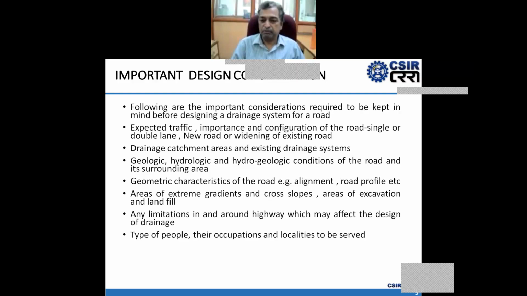We should also consider geological, hydrological and hydrogeological conditions of the road and around the proposed alignment, and geometric characteristics of the road like alignment and road profile, areas of extreme gradients or cross slopes, areas of excavation and landfill, and any limitations in and around the highway which may affect the design of drainage systems.